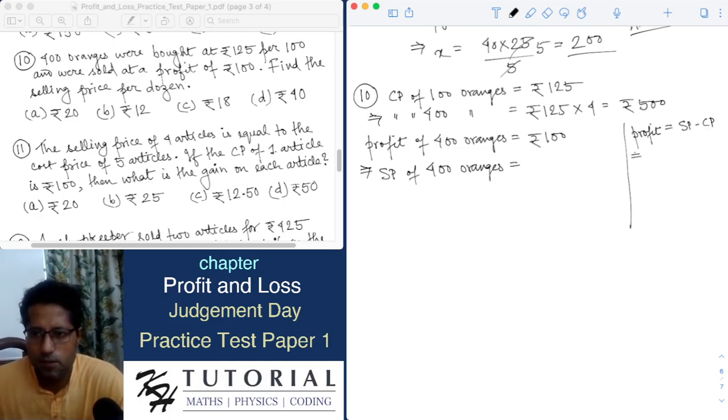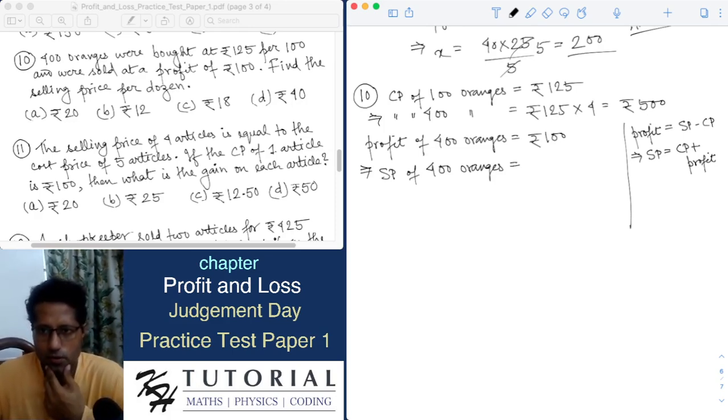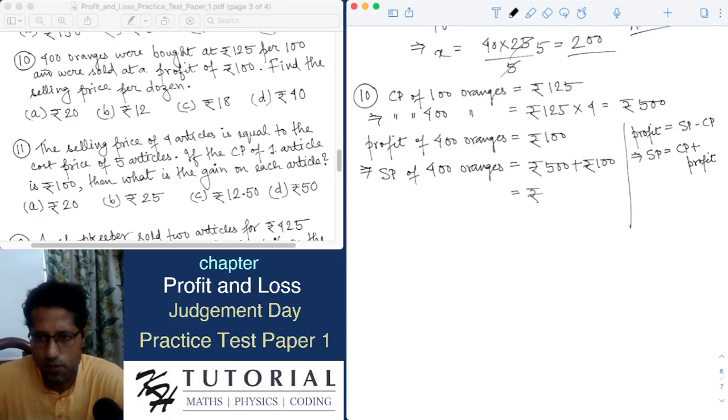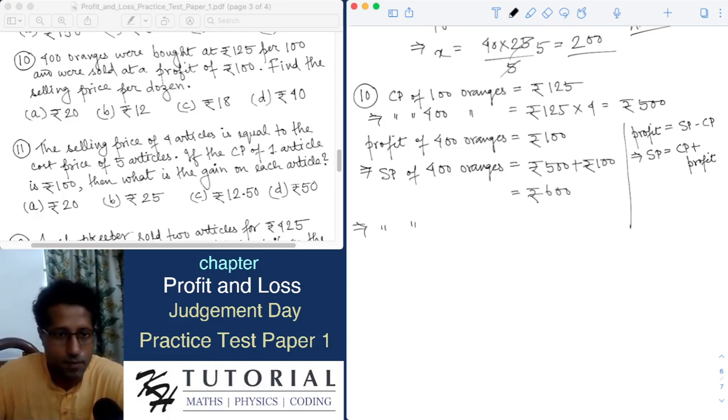This implies that selling price is equal to cost price plus profit. So selling price of 400 oranges will be the cost price of 400 oranges, which is 500, plus the profit. So this is rupees 500 plus rupees 100. This is rupees 600.